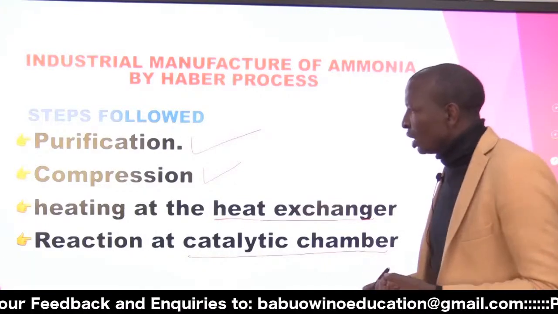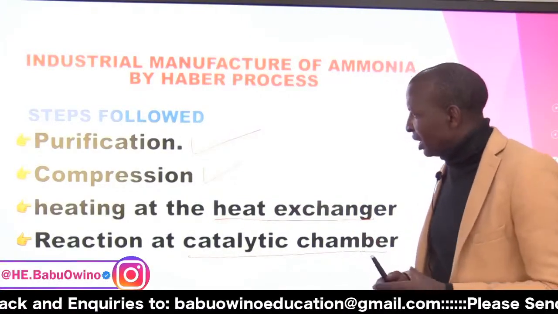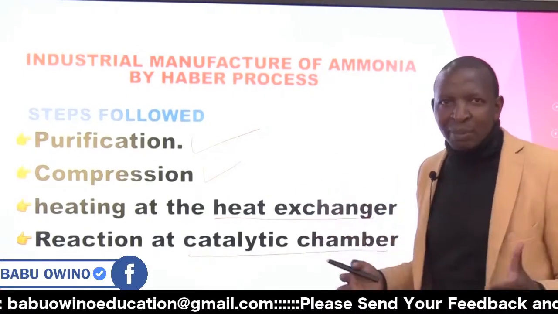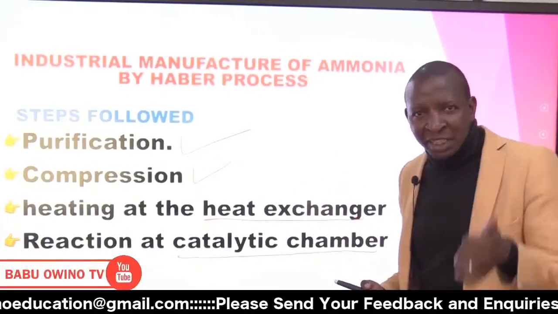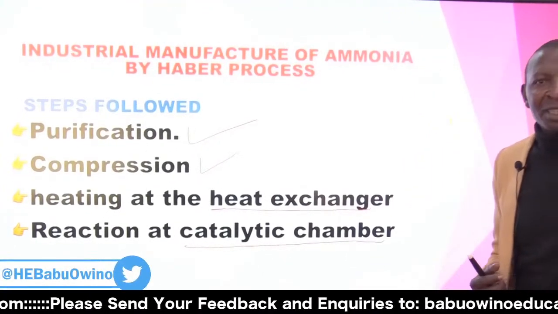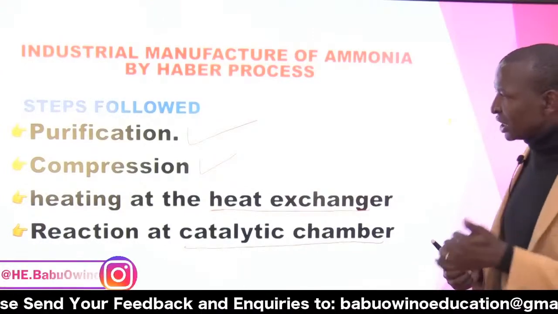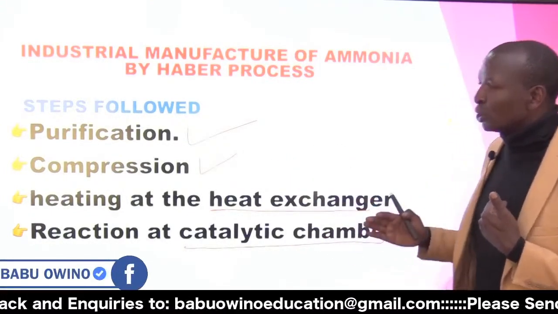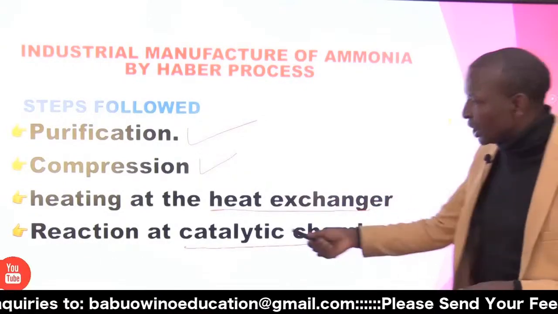Why do we need to compress the gases, and how are we able to get the required temperature? Because we have the specific temperature that we need to attain for this reaction to occur. We have the specific pressure that we need for this reaction to occur, and that's why we are passing the gas through the compressor. We are also heating the gases and also the catalyst.